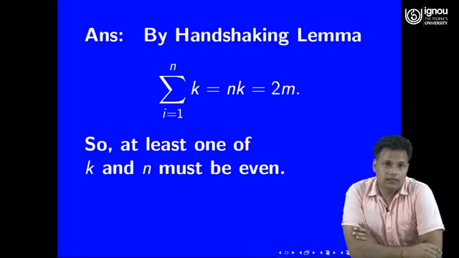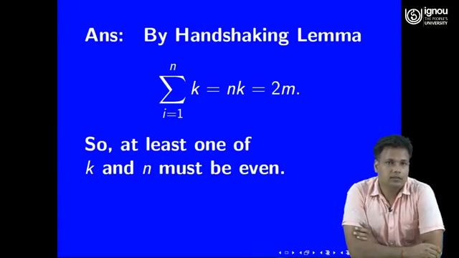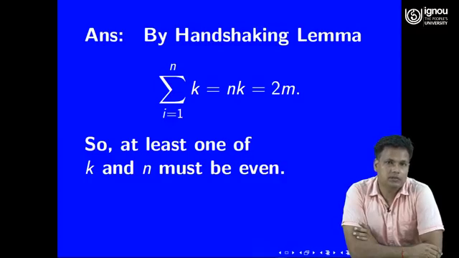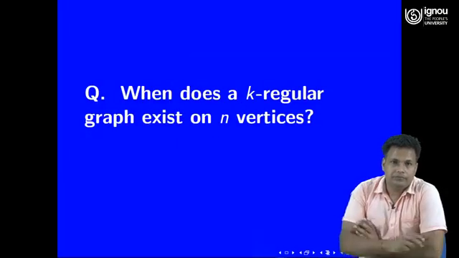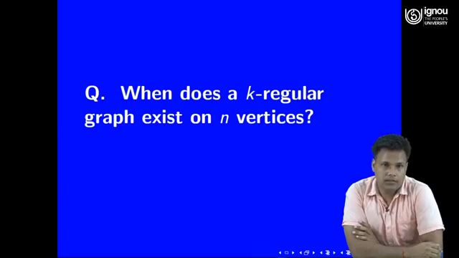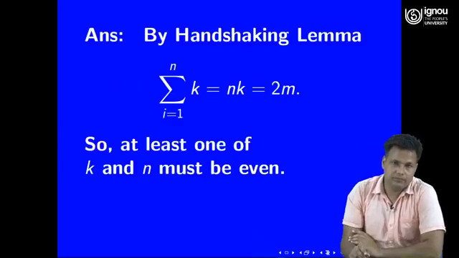So on the right hand side we have an even number, and hence the left hand side must also be even, that is either n or k must be an even number. So an n vertex graph can be k regular only when at least one of k and n is even.